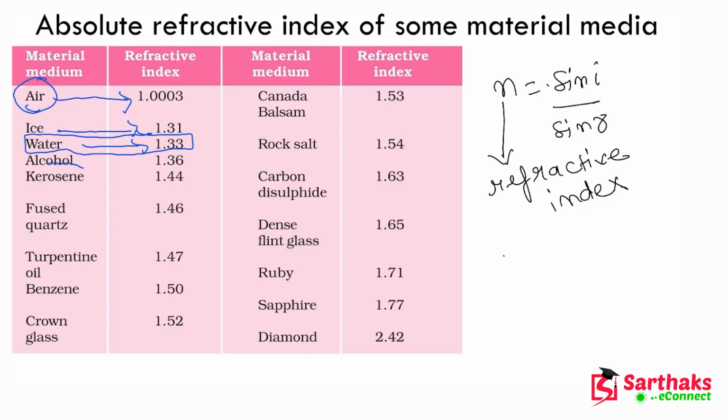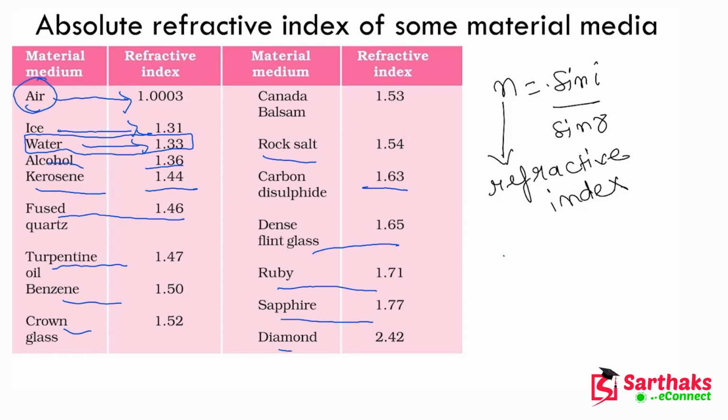After that, alcohol 1.36, kerosene 1.44, fused quartz 1.46, turpentine 1.47, benzene 1.50, crown glass 1.52, Canada balsam 1.53, rock salt 1.54, carbon disulfide 1.63, dense flint glass 1.65, ruby 1.71, sapphire 1.77, and diamond 2.42.